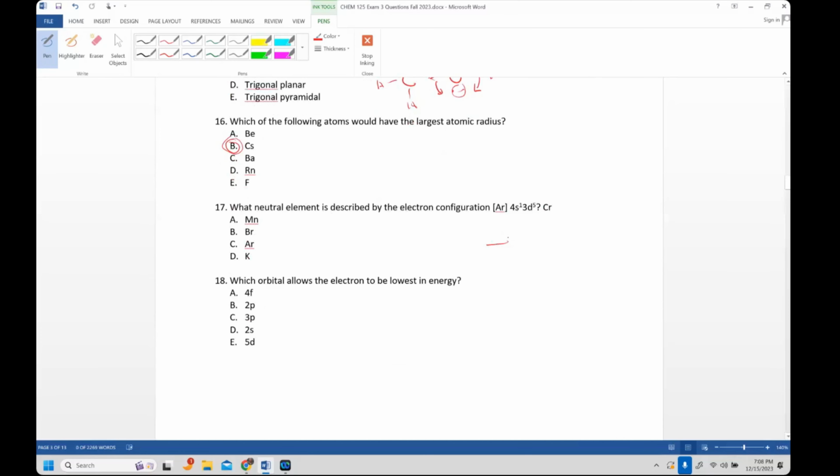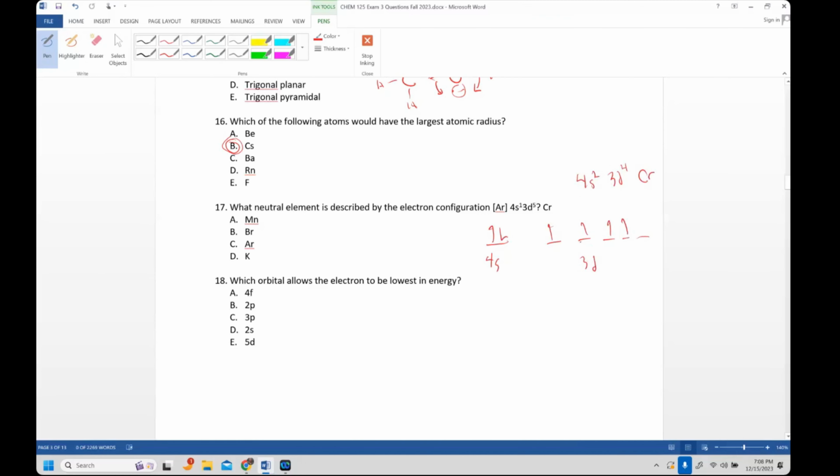So if you remember, this is an important concept. There are two exceptions to electron configuration. If you have 4s and 3d, and you have a situation where it's 3d4, so 4s2 3d4 is the expected electron configuration for chromium, but this is less stable than 4s1 3d5.